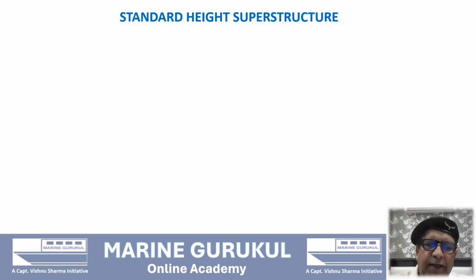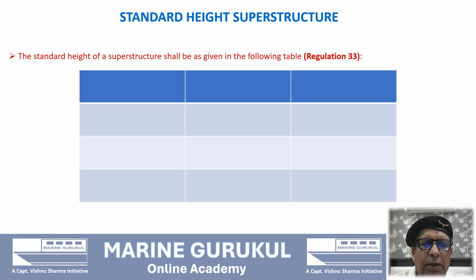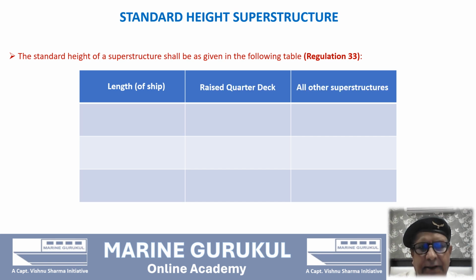If it is failing to meet that minimum height criteria, then it shall just be a superstructure but not meeting the standard height requirements. Standard height of a superstructure shall be as per the table given in Regulation 33 of Load Line Convention. The table gives the standard height based on the length of the ship, and the standard height for raised quarter deck and other superstructures are different.